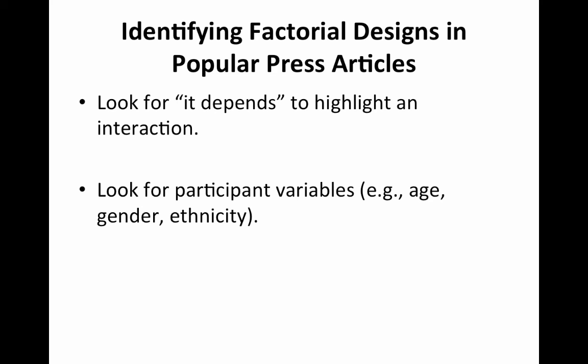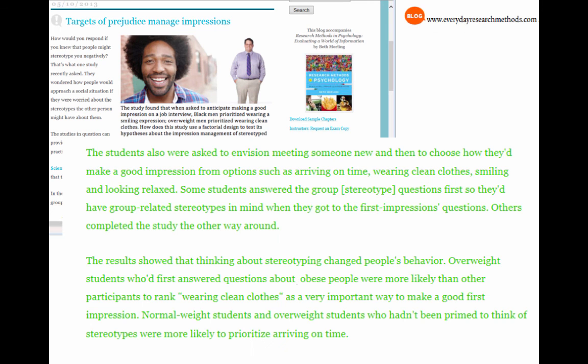But with participant variables, age, gender, ethnicity, and so forth, you can't draw a causal conclusion that age or gender or ethnicity caused something. It could just be related to something else that's really the cause of it. So when you read the popular press, they're oftentimes not very careful about making that distinction.